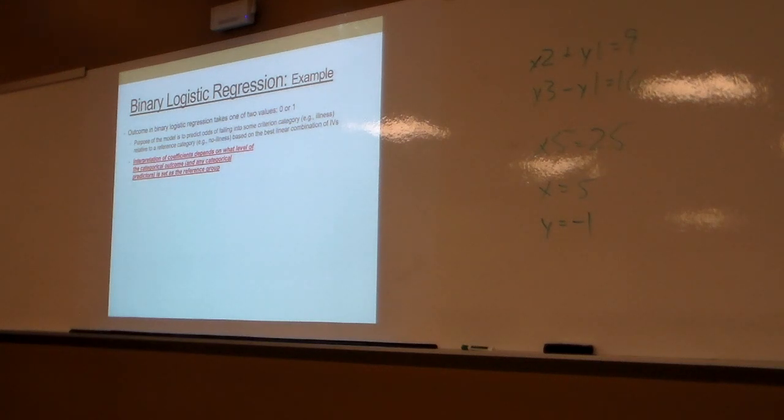Binary logistic models have a dichotomous outcome that takes on values of 0 and 1. What we're trying to do here is predict the odds of falling into some criterion category relative to a reference category based on the best linear combination of our variables. So before we set these models up, it becomes very important to think about what our criterion and our reference group are. This is important both for our outcome and for any categorical variables that we include as predictors.